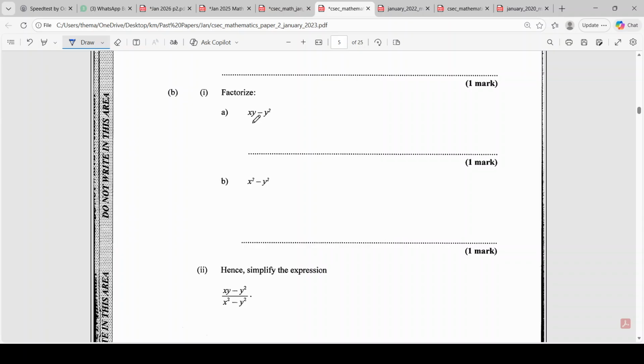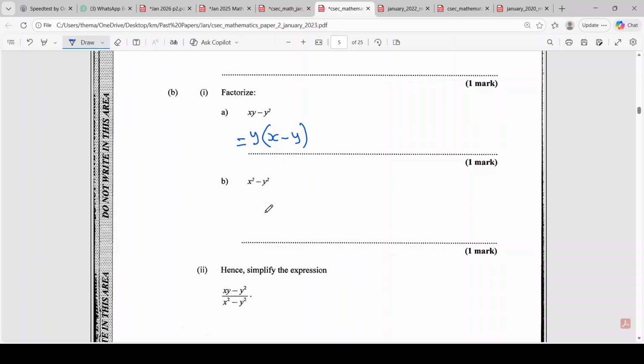Where's the common factor there? Y. Right. So the common factor here is y. So then we could factorize out the y, and we remain with x minus y. Right? Y by x is xy, y by y is y squared.